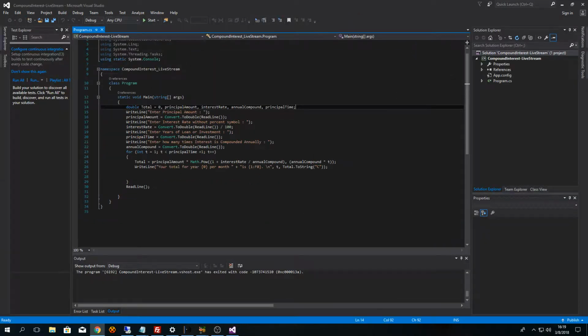So what we're going to do is add some features to this. We're going to calculate how much you would be paying per month if you were trying to pay this loan off. Now, keep in mind that you have different things.